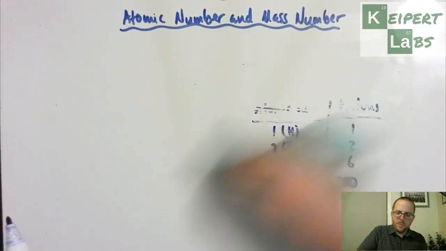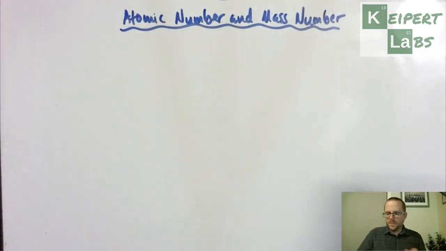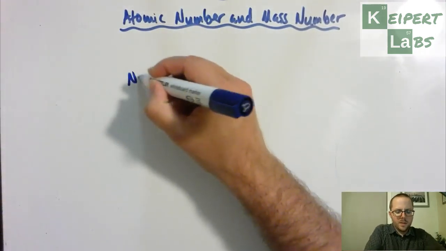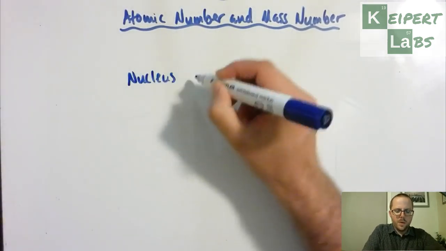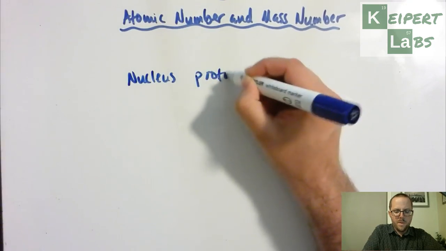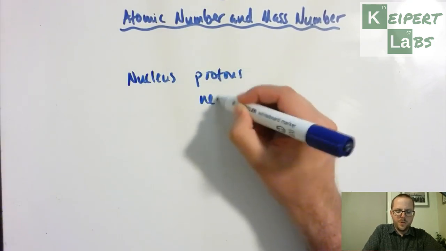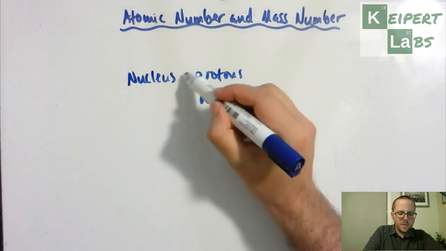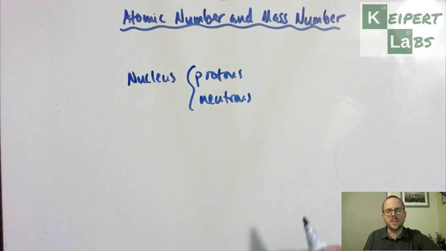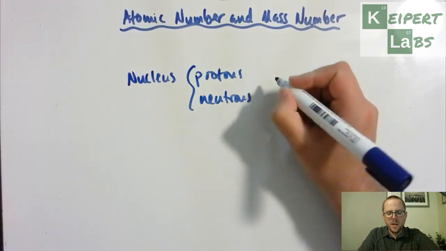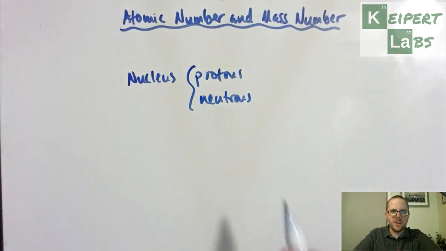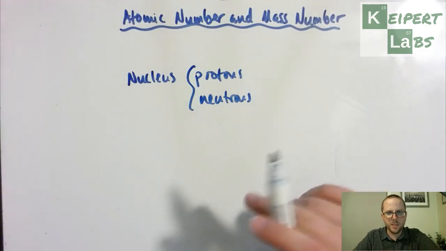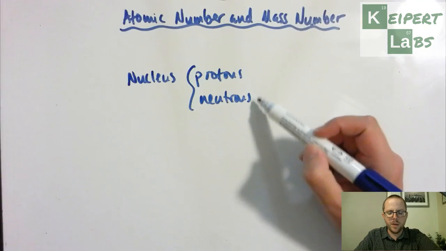But what we've also identified is that inside the nucleus we have protons and we have neutrons. The idea is that these two things both exist inside the nucleus. We've identified how many protons, but the mass of the atom, which is mostly in the nucleus, is also made up of the neutrons.